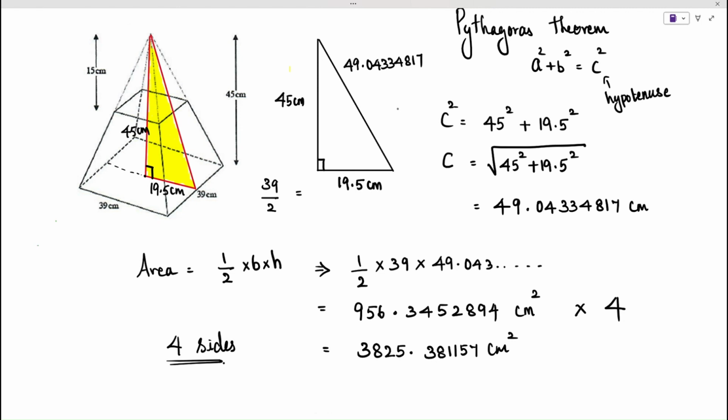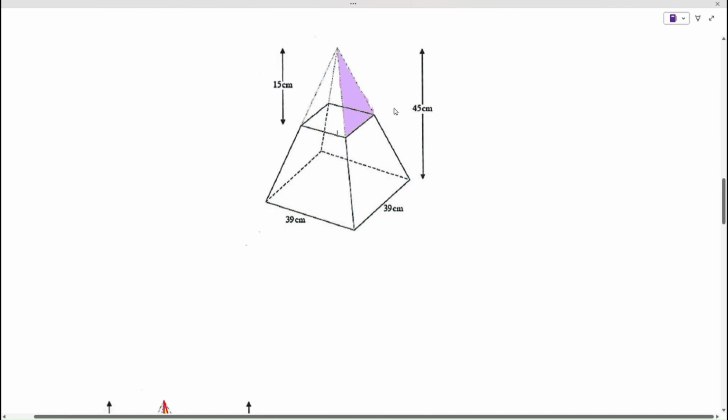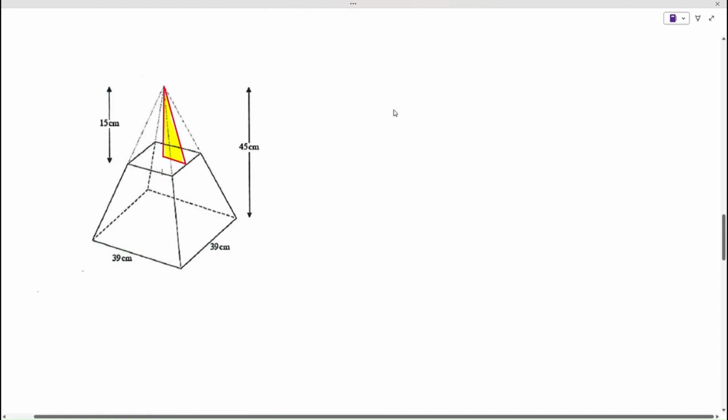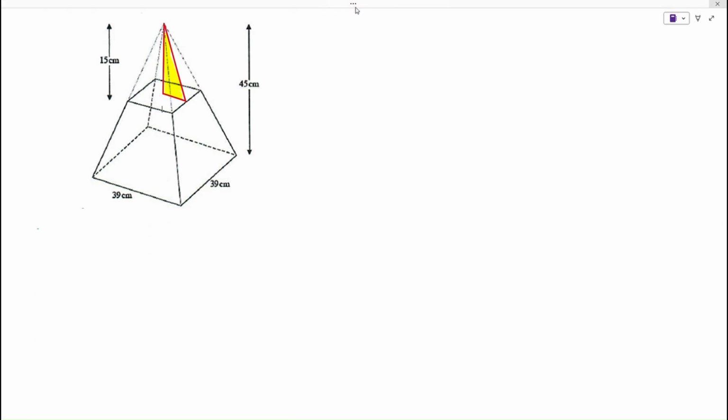Now, the next thing that we're going to do is find the surface area of one of our smaller triangles. So we're going to draw the same triangle and shrink it down.